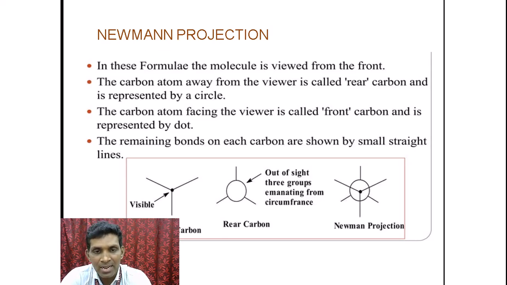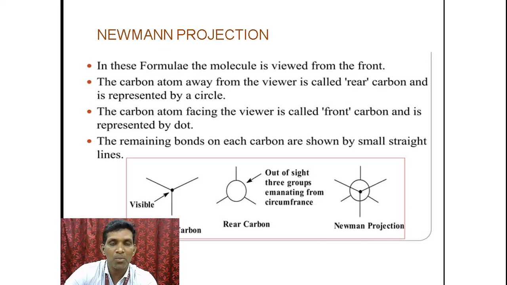You have to indicate that close carbon as a small dot. The carbon away from me, you have to denote as a circle. So the dot is the front carbon, and the circle is the carbon away from the observer, that is out of sight. This is the right way of the Newman projection.